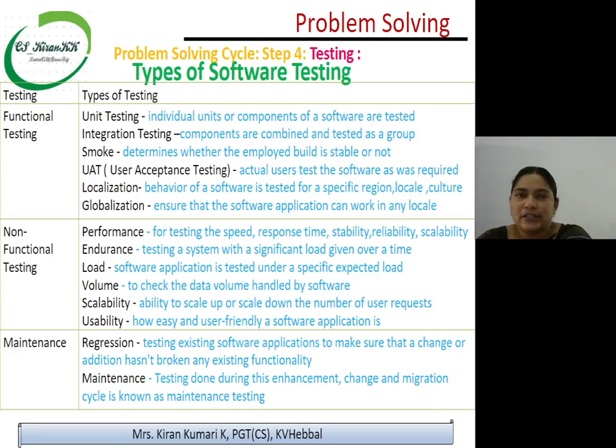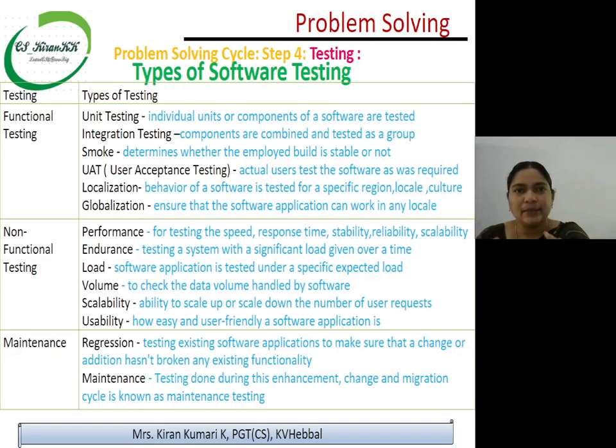Coming to functional testing, we have unit testing. Unit testing means testing an individual unit. For example, if you have written a menu driven program, that is to append, search, add, delete, or something like that, every individual function we can test. So individual units or components of a software are tested. That is unit testing. Then integration testing: these components individually, yes, we tested and found correct.